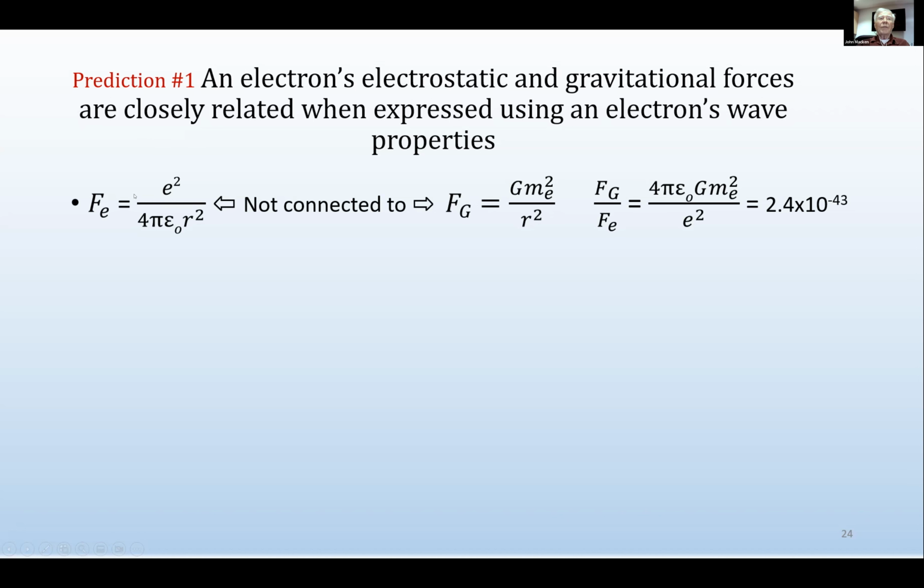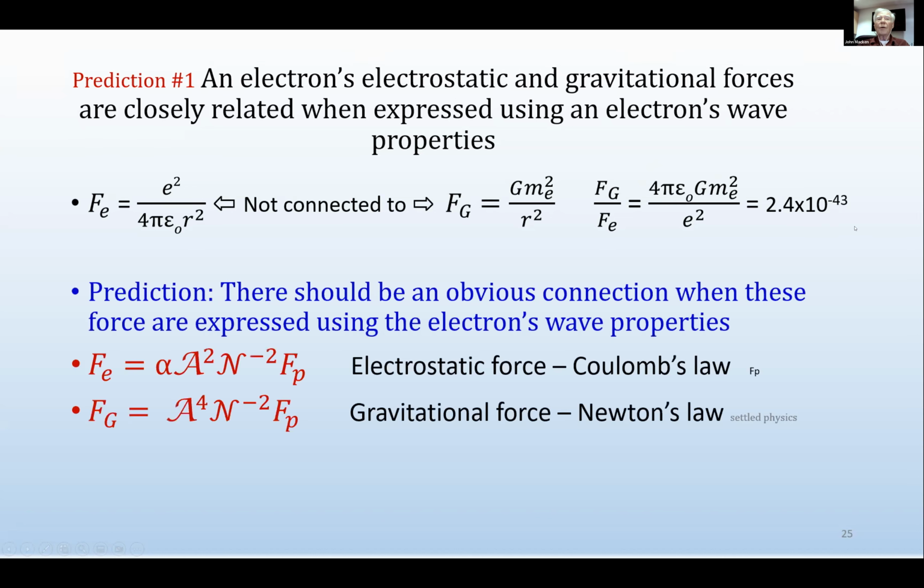If we want to make the ratio between these two, we combine all these things, the gravitational force divided by electrostatic force, this messy thing here, and it turns out to be a dimensionless number, 2.4 times 10 to the minus 43rd. So there's a prediction that there should be an obvious connection when these forces are expressed using the electron's wave properties.